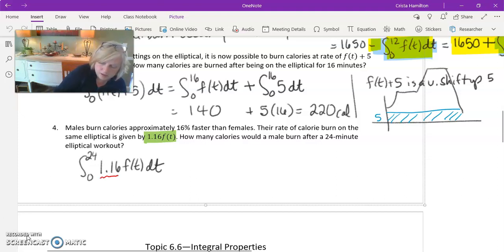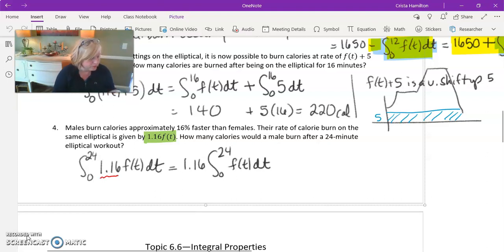So we're going to be able to simply ride that along or pull that out and do the integral from 0 to 24 of f of t dt, which is really just the sum of all the areas that we had above in the chart. So we'll just go ahead and finish this out. We had the 140 that we had up to 16, and we had an additional 60 and an additional 36 that we were adding into that.